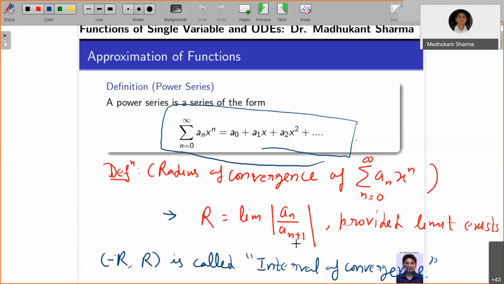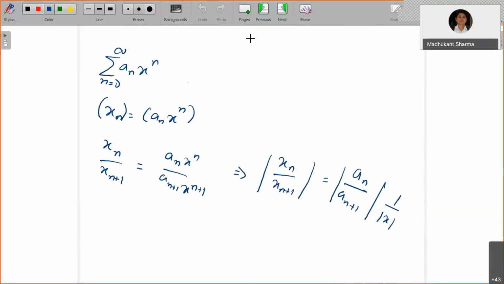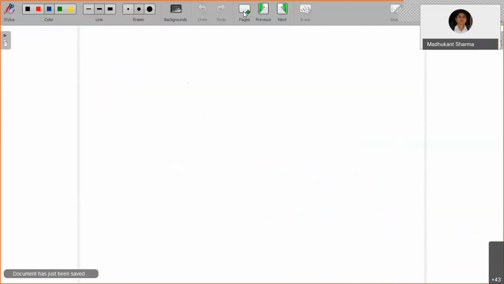Okay, so now you can look at some examples. Let's take one example: the summation of n factorial times x to the power n.